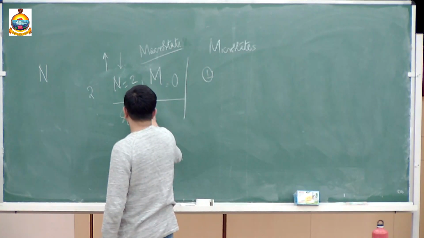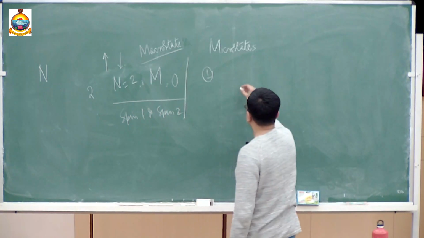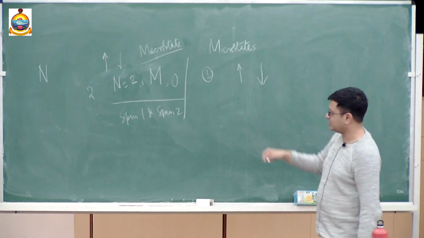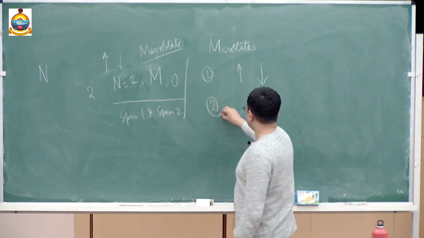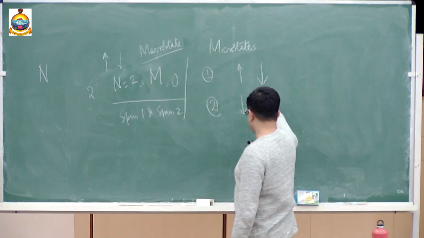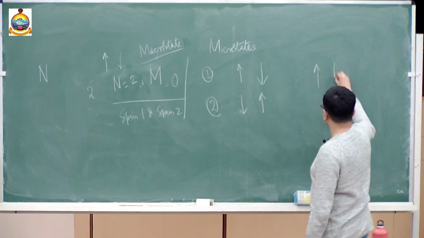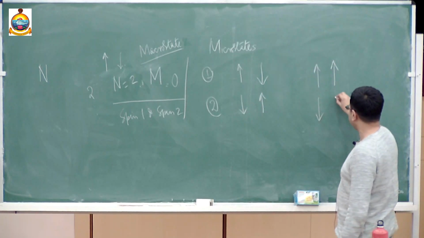So I have spin 1 and spin 2. The two microstates are spin up, spin down, which is consistent with the given macrostate, and also spin down, spin up, which is also consistent. The other two possibilities are not consistent with the given macrostate.